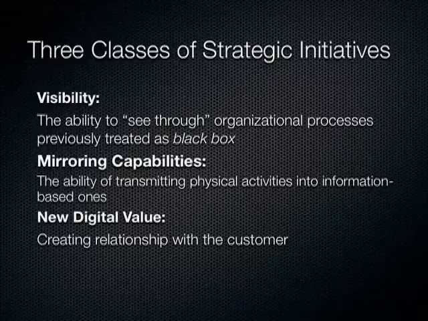So, your act of wandering around with an iPhone application that tells people where you are is transmitting your physical location or perhaps your physical buying behavior into an information-based thing. So we can say, okay, Dennis is at his favorite restaurant right now, and I can tell because his iPhone application is telling me.